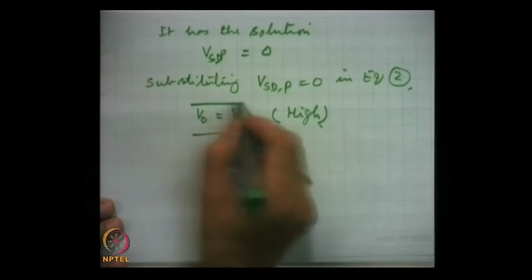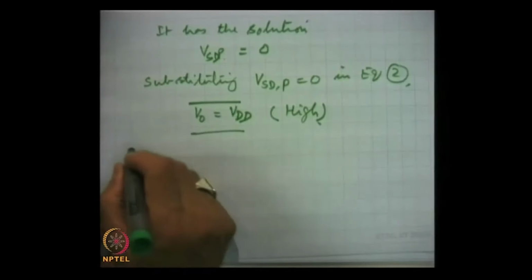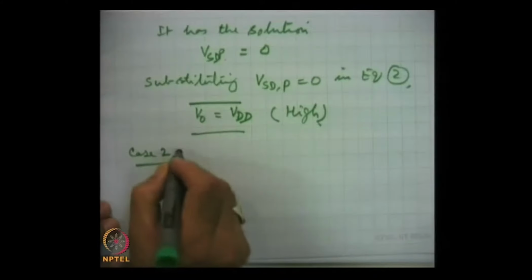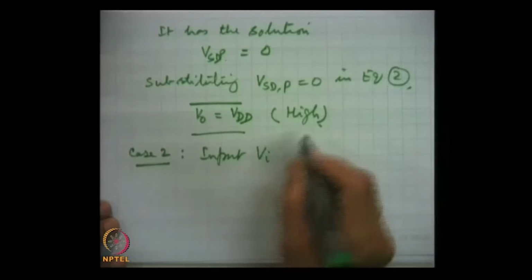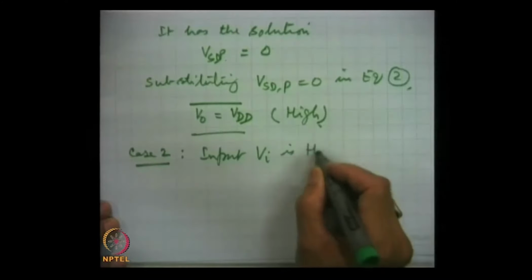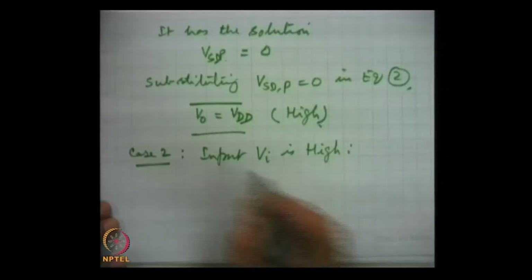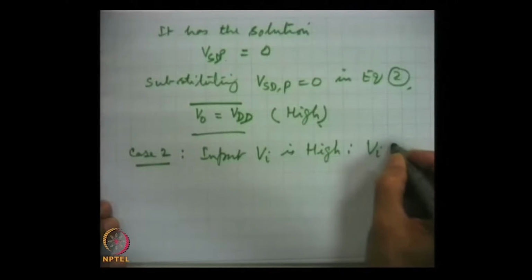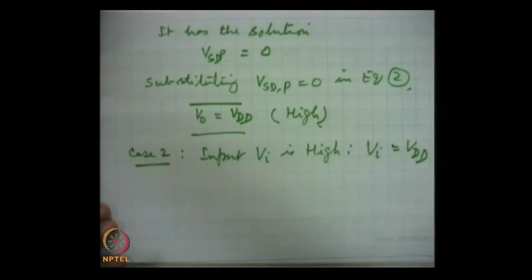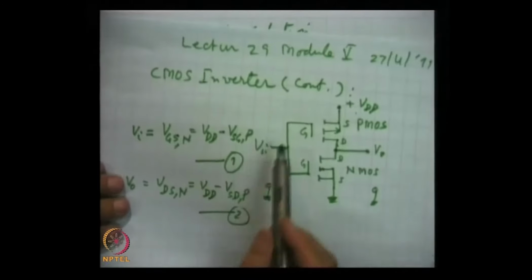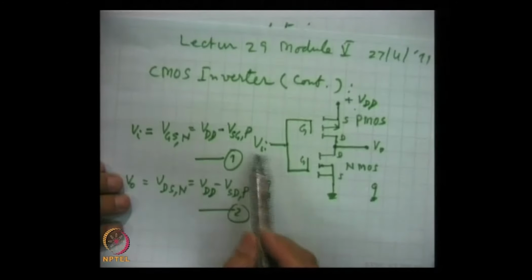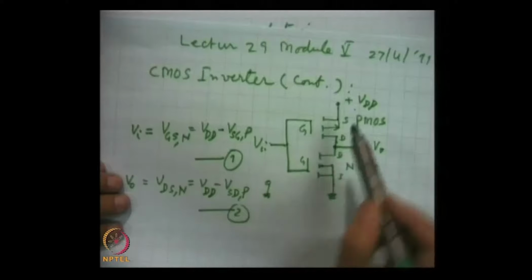So, this is case 1 that completes, and then we go for case 2 when input Vi is high, meaning Vi is VDD. We can see here also, in the first case, when input is low, this was off and this was conducting.